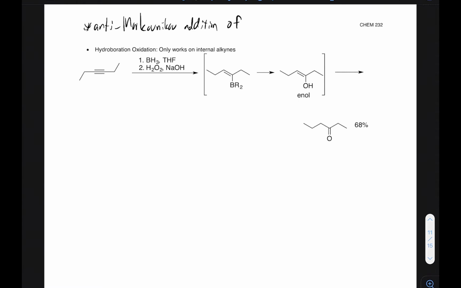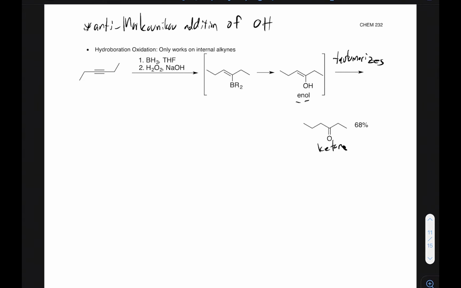It's very similar to that last reaction, where the enol, or alkene alcohol, forms and tautomerizes to the ketone. The same exact thing is happening here, essentially. One caveat, though, is that this only works with internal alkynes, not an alkyne at the end of a chain.